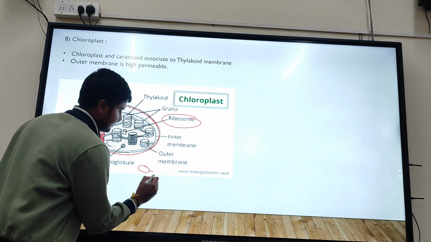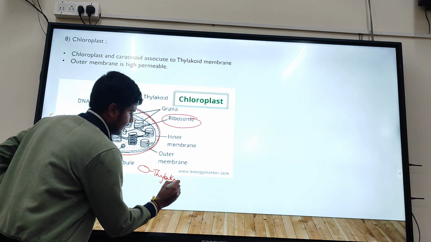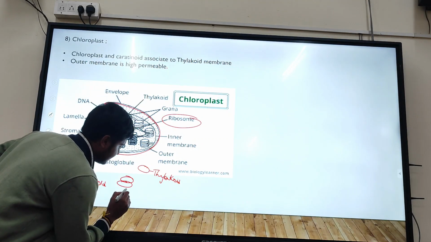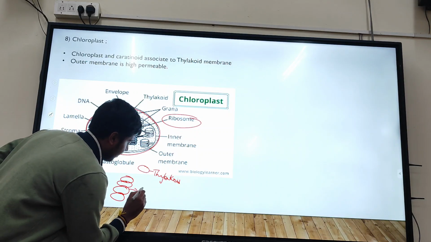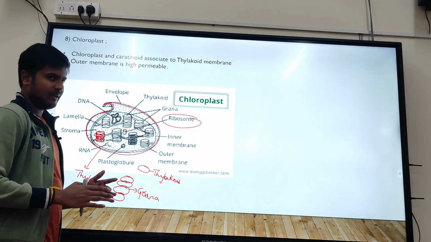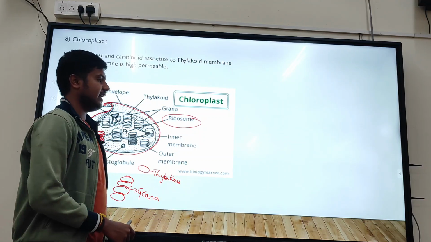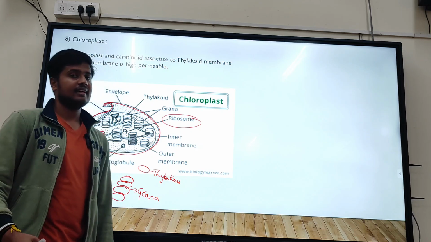One stack is called thylakoid. A group of stacks is called grana, and this plays a very important role in the photoreactions, that is the dark reaction and light reaction. Let's study them in physiology classes.